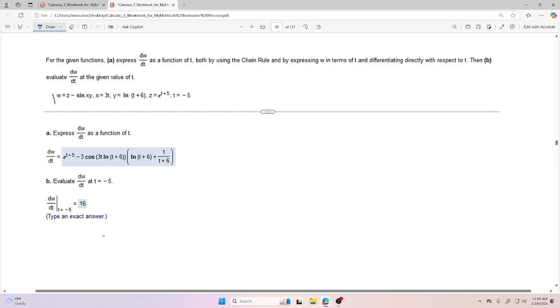Okay. Notice that we have my W, and we're just wanting dw dt, right? What if I just plug them in right now, from the very beginning? And so I would have e^t plus 5 sine, and then I got a 3t ln of t plus 6.